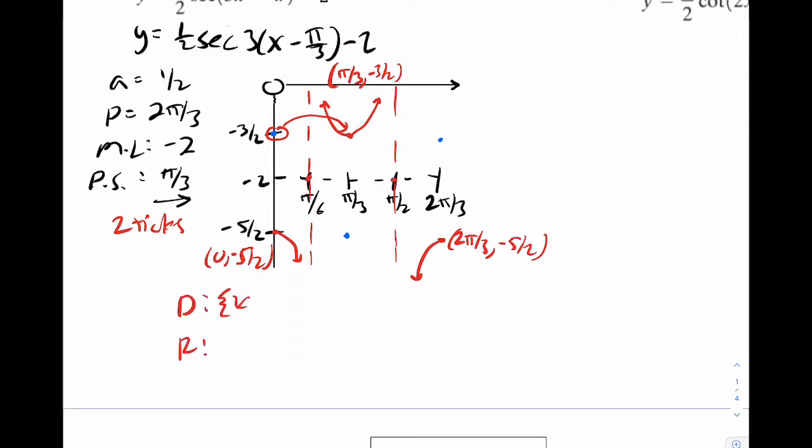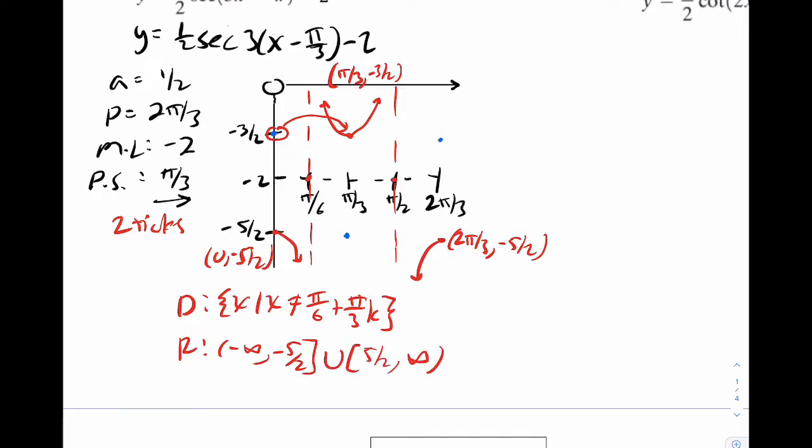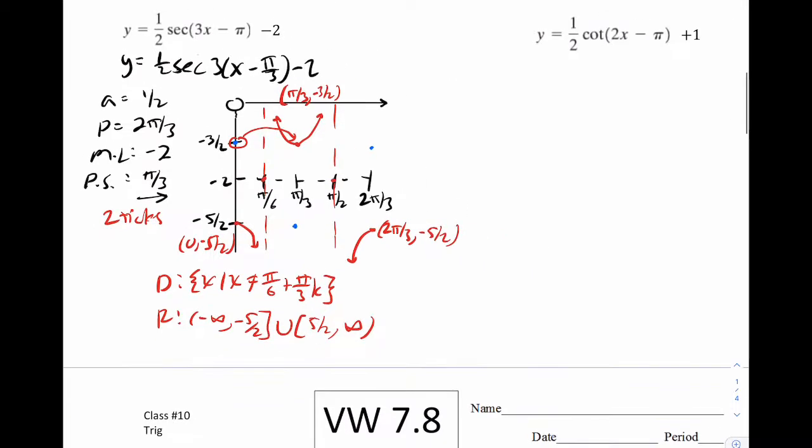The domain is x such that x cannot be pi over 6 plus pi over 3k, since pi over 3 is half the period. And the range is going to be -infinity to -5 over 2 inclusive, union 5 over 2 to infinity. And there's our graph.